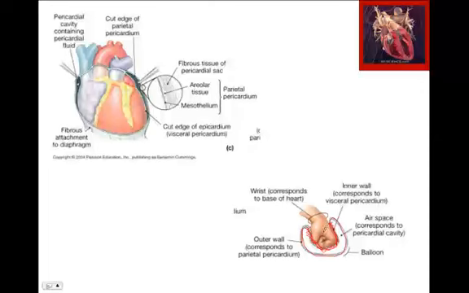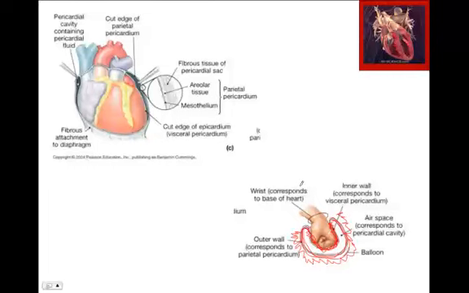So again, that's the visceral pericardium right up against the heart, the organ. And then the parietal pericardium you can think of as on the periphery, more towards the outside. So that's your parietal pericardium on the outside there. And then you have the fibrous pericardium on the outside of that.